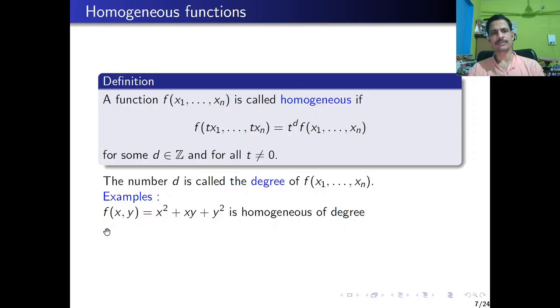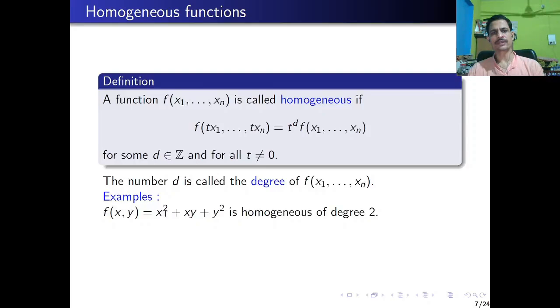We see an example. Suppose f is a function of two variables x and y, given by x squared plus xy plus y squared. You can easily see that this is homogeneous of degree 2, because if you substitute tx and ty in place of x and y, then it will be (tx) squared, then tx times ty, and then (ty) whole squared.